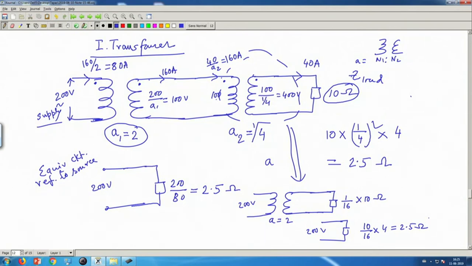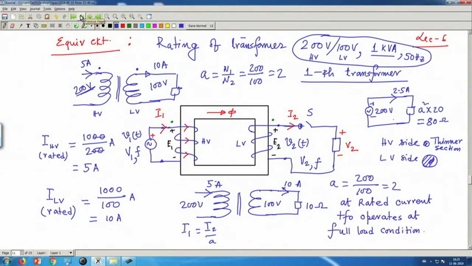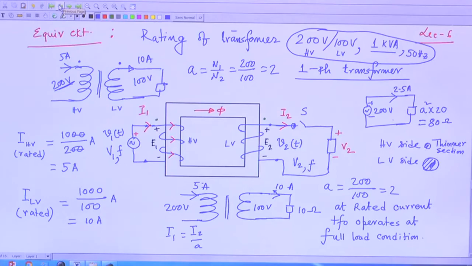Therefore, so far what I have done is this one, that a rating of a transformer, this is very important, KVA remains same on both primary and secondary, and then LV side current will be very large.